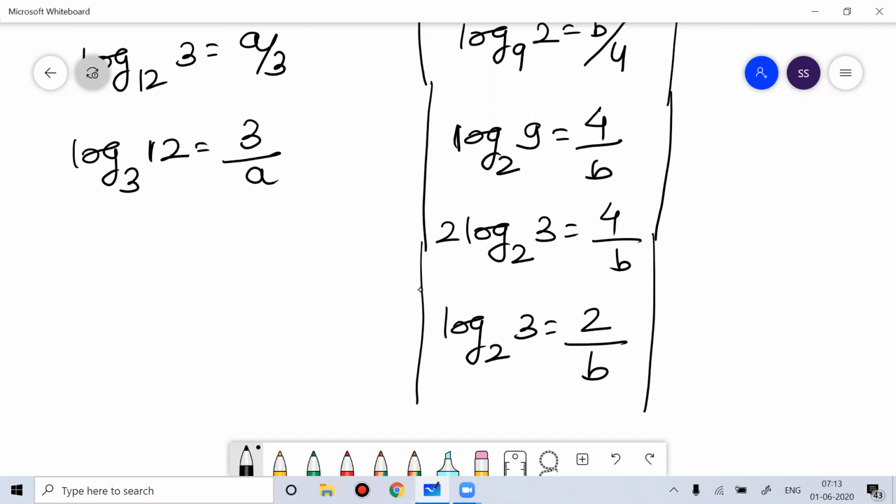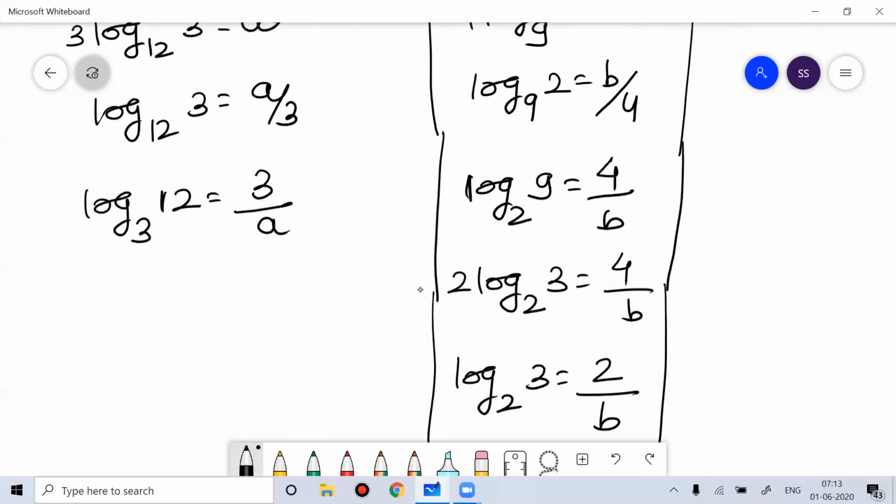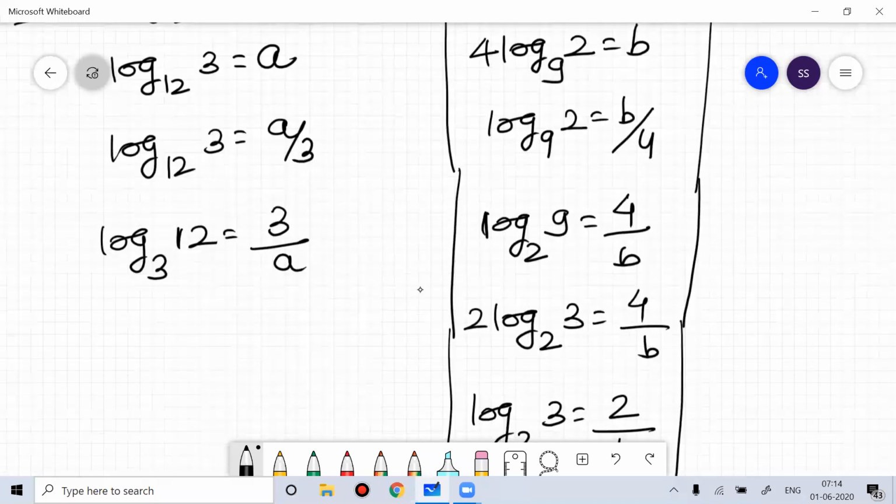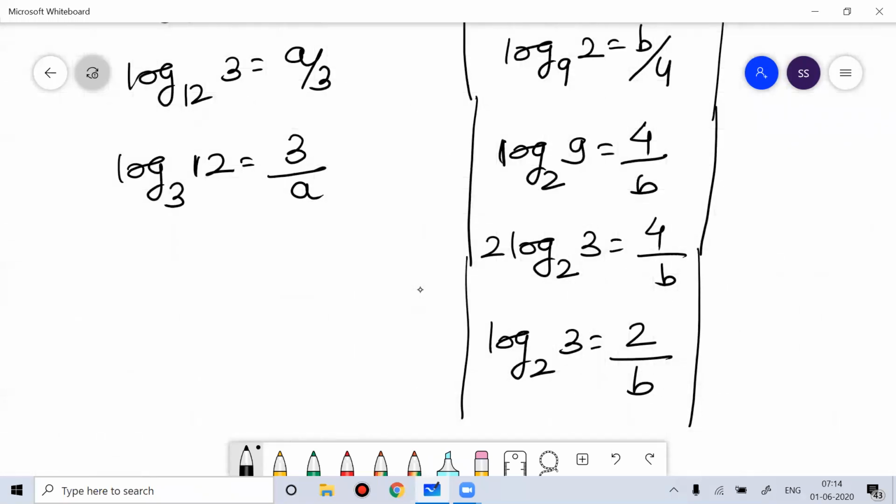So here, log base 3 of 2. So now if I break this 12, I can write log base 3 of 2 square into 3 is equal to 3 by a.